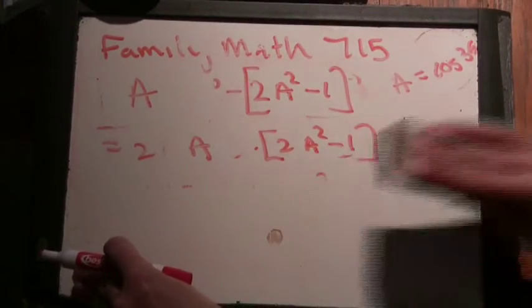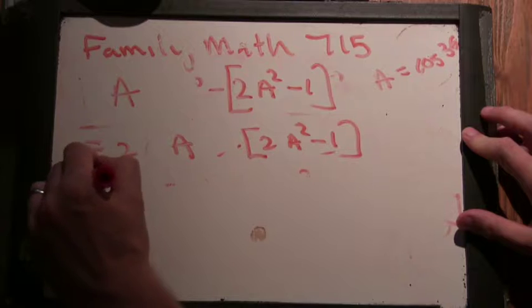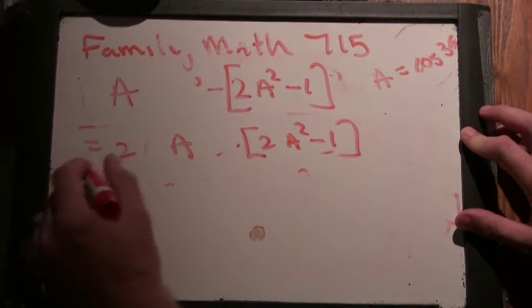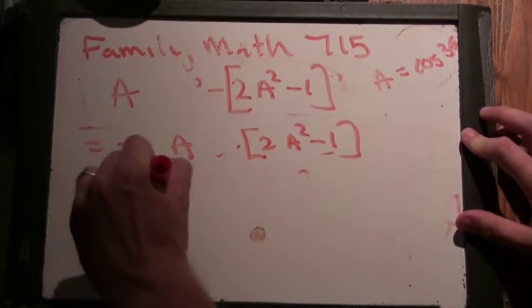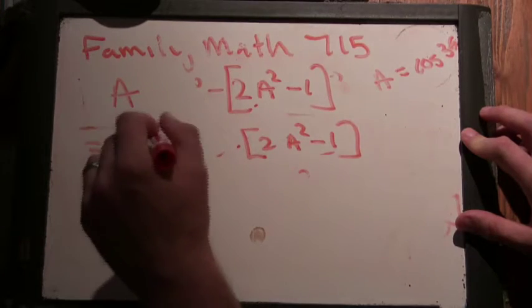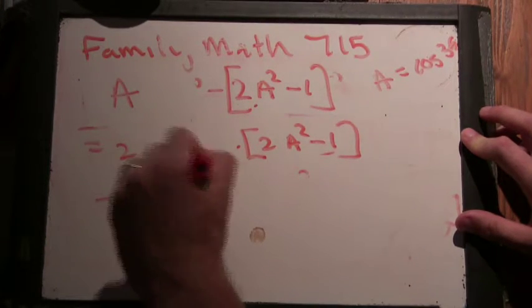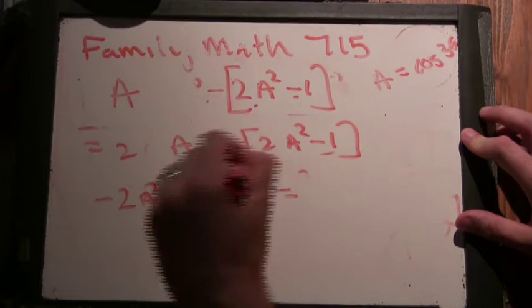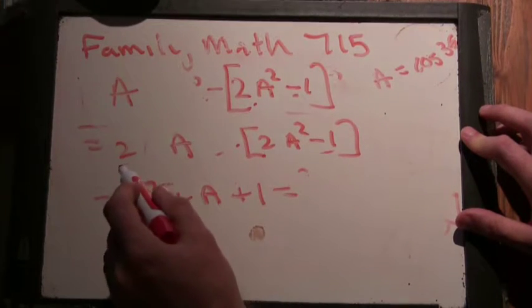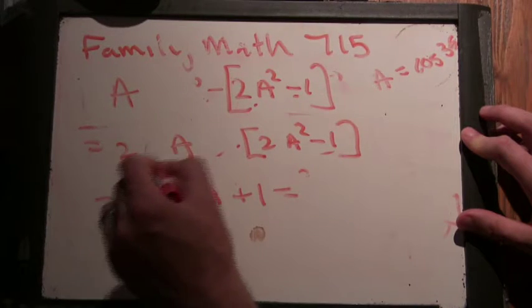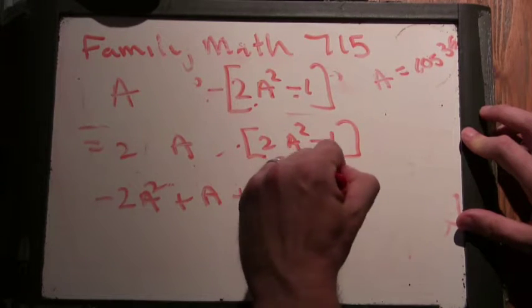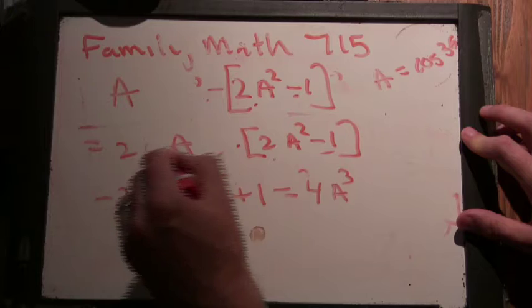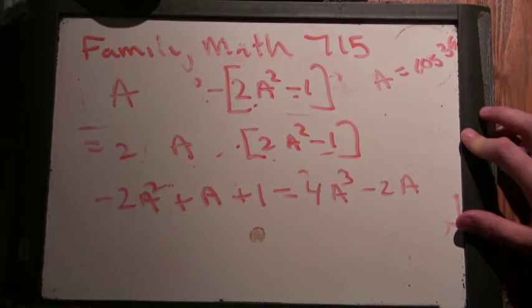So multiplying this out a little bit, let me write it in descending powers. I get minus 2a squared plus a plus 1 equals 4a cubed minus 2a.